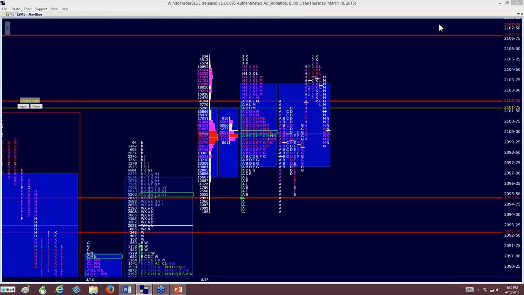Jim, when revisiting a prominent POC or repairing it and bouncing or reversing, would that be considered a weak reference? That's a different context. That's a reference outside of the pit session. It's repair of a prior poor structural point. It's not the same.